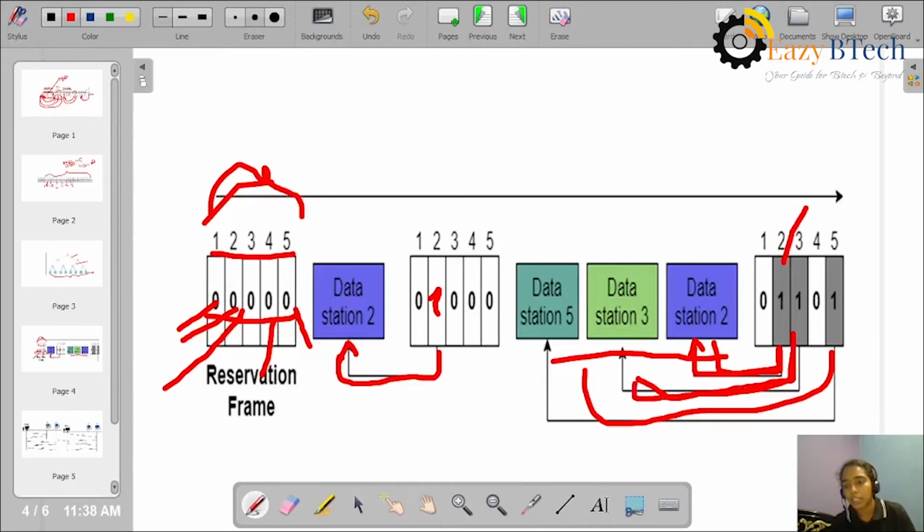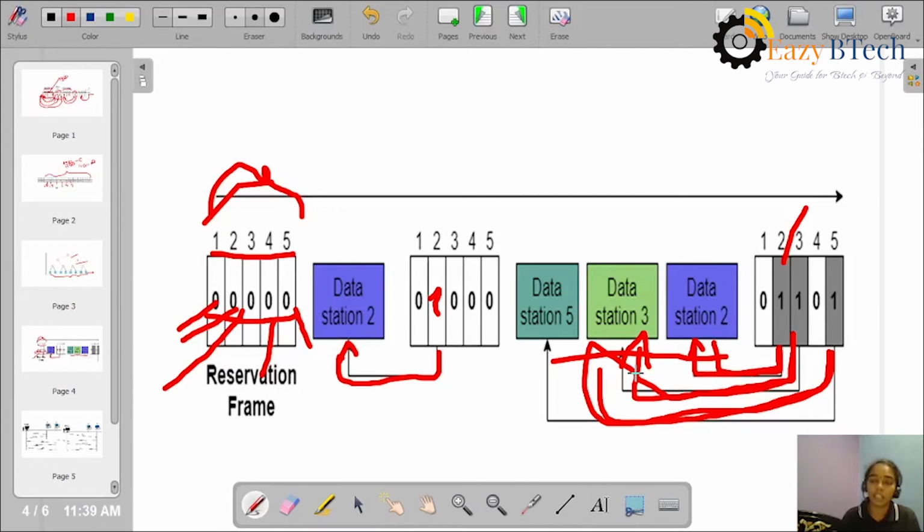Next is station 3, after that station 5. So after completion of one station, the channel will be allocated to the other stations. But before assigning the channel to a particular station, the station reserves that particular time period. Like this we can control the access of the channel.